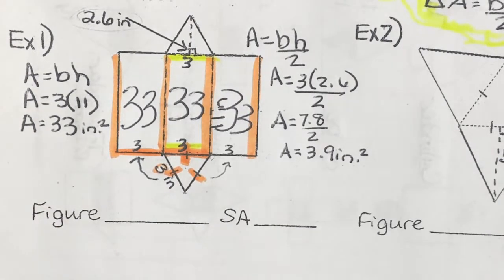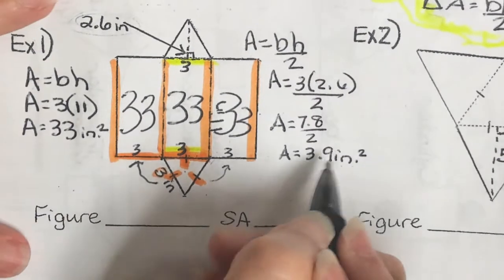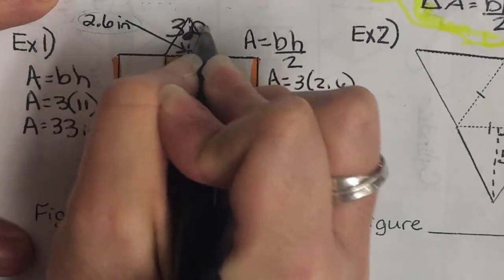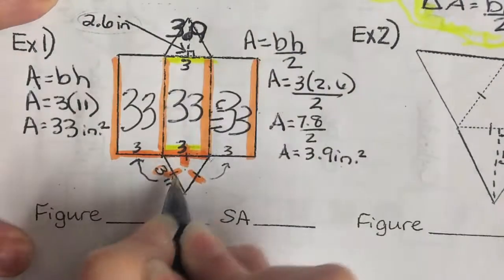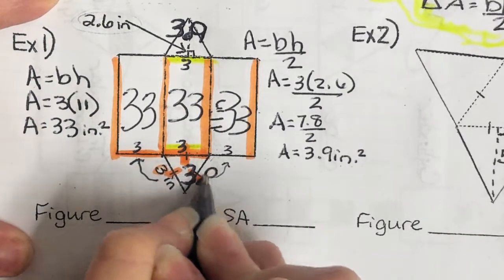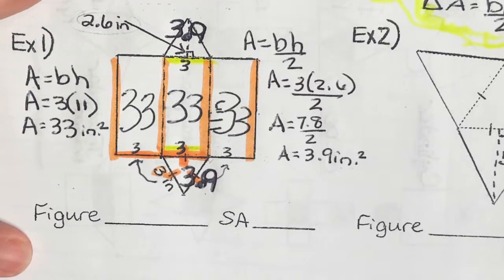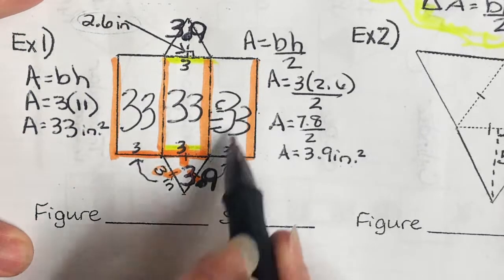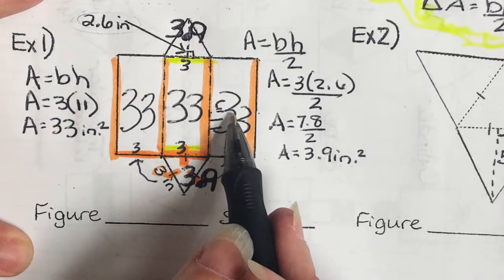Now, I need you to slow down a second. I want you to think about this. 3.9 is this triangle, and I know I'm out of room, so we're just writing it, and this triangle. Once you think about it, surface area means all of it together.